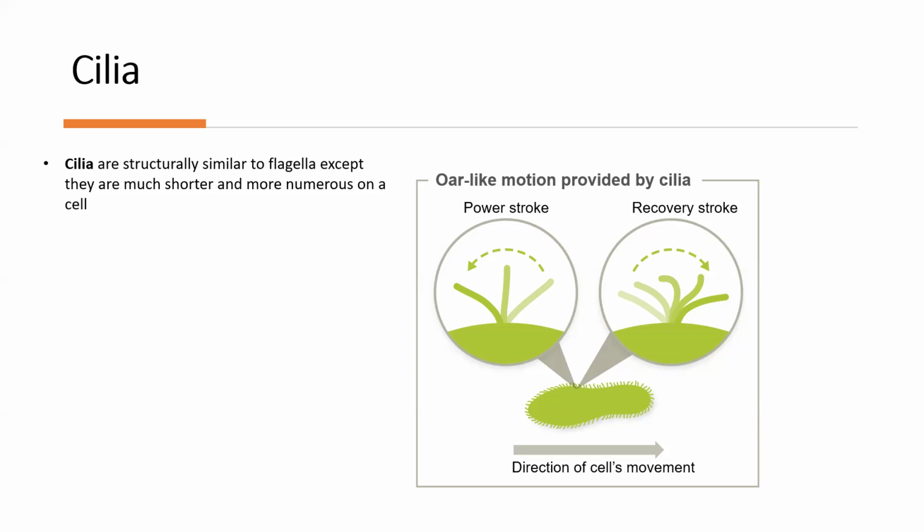You've got a wave-like motion with a single flagellum, but with cilia you get an oar-like motion, with a power stroke and a recovery stroke back and forth. Think about if you've ever been in a boat or a canoe and you've been rowing. It's the same sort of motion that's happening with these cilia.